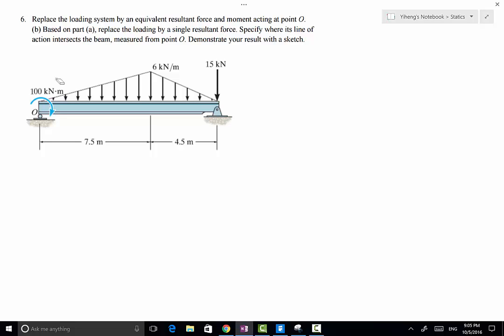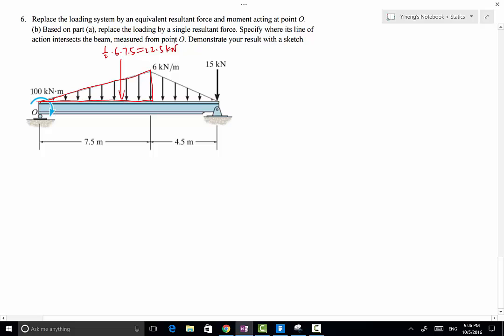its location. So the first thing you want to do is to replace the distributed load with concentrated forces. So for the first linearly distributed load from here to here, we can draw a triangle, and the area under the curve is the resultant force of this distributed load, and that force equals 1/2 times 6 times 7.5, basically the area of the triangle, and that equals 22.5 kilonewton.